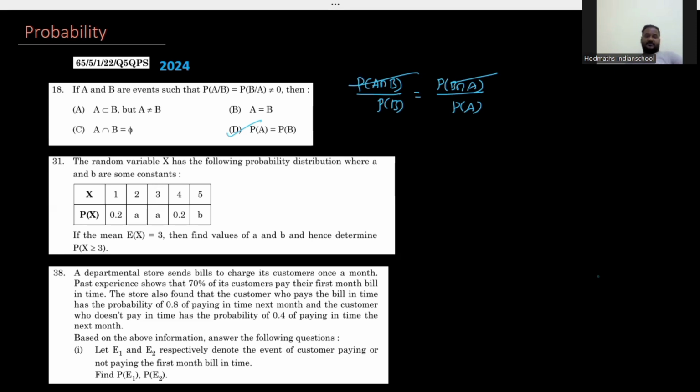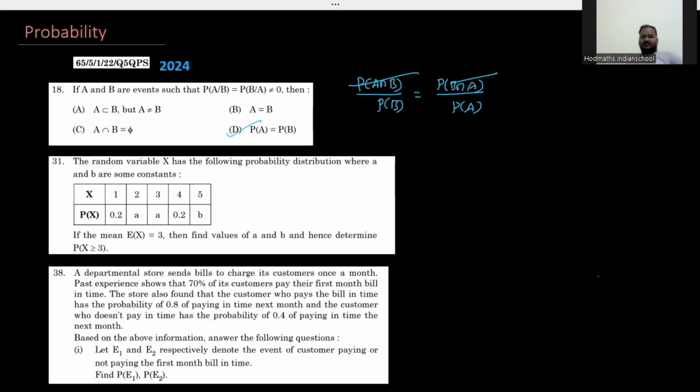Right? So, coming to the next question, the 31st question, it carries how many marks? 3 marks. Yes. Now the random variable X has the following probability distribution, where a and b are some constants. Whenever you are given a probability distribution, you know that the sum of all the probabilities is going to be 1.